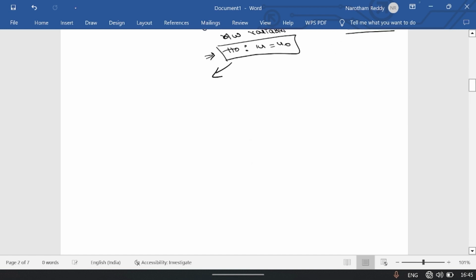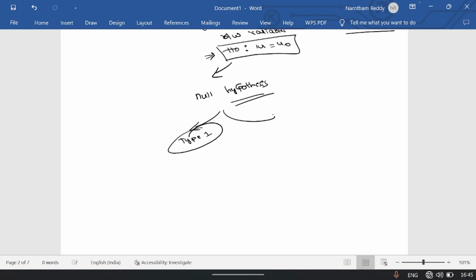The null hypothesis is subject to two errors, type 1 error and type 2 error. What is meant by type 1 error and type 2 error?